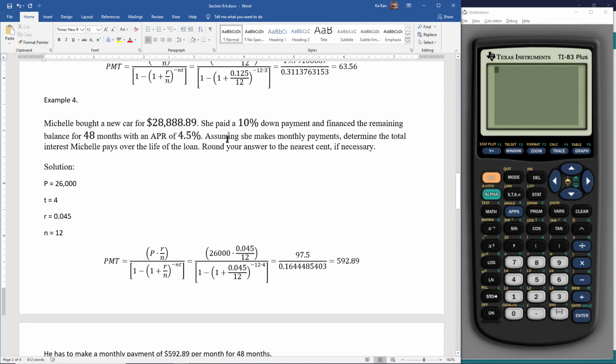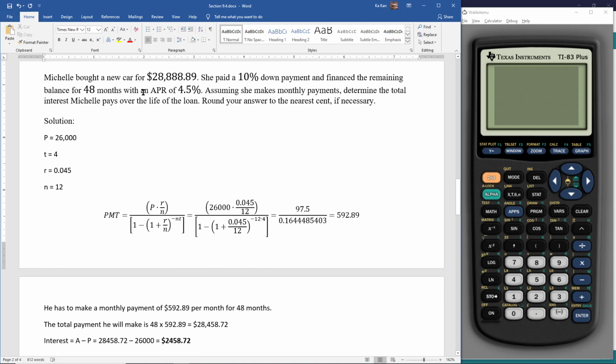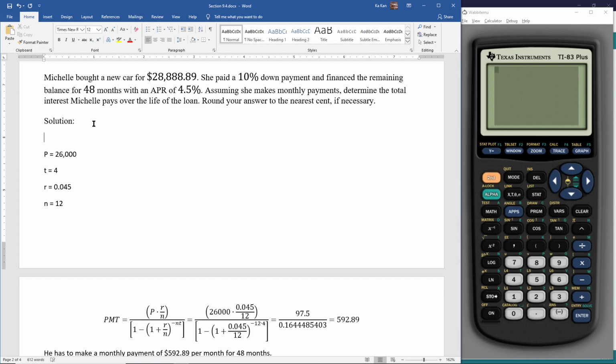So now, example 4. Michelle's buying a new car for $28,888.89. She is paying a 10% down payment, and she has to finance the remaining balance. So first, let me say this. The cost of the car is $28,888.89.